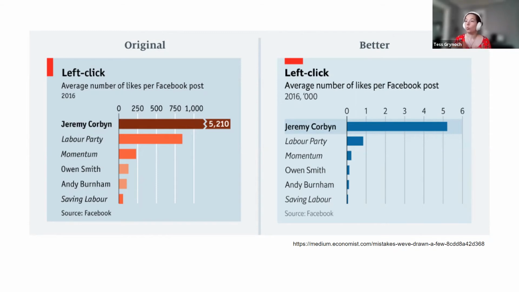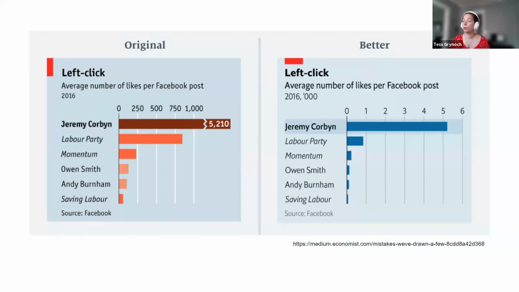And then we also talked about other improvements that the Economist made to their new chart, which is on the right, or what they call the better chart, and there's room for discussion about them. They moved to a single color for the bars as well. But something that they also changed that might be slightly confusing is the thousands notation that they use in their better chart.